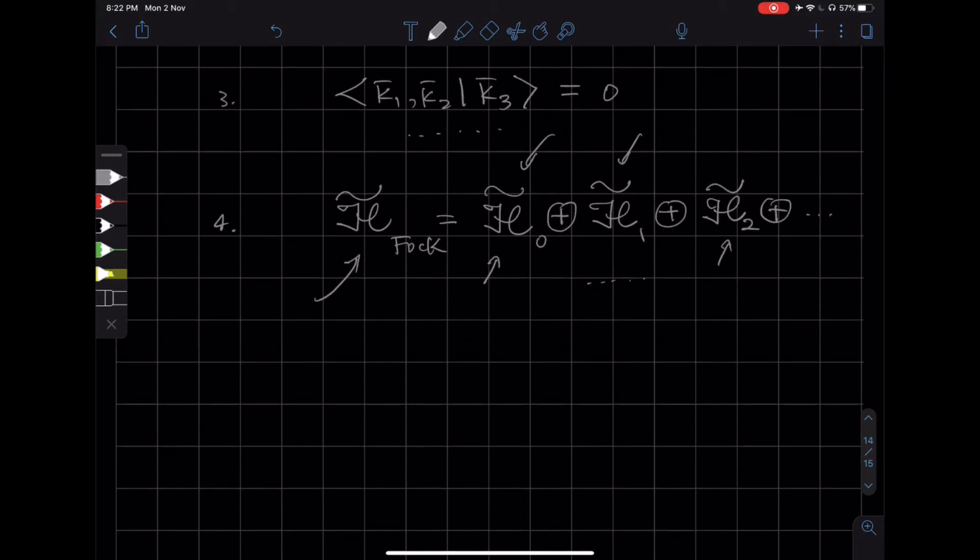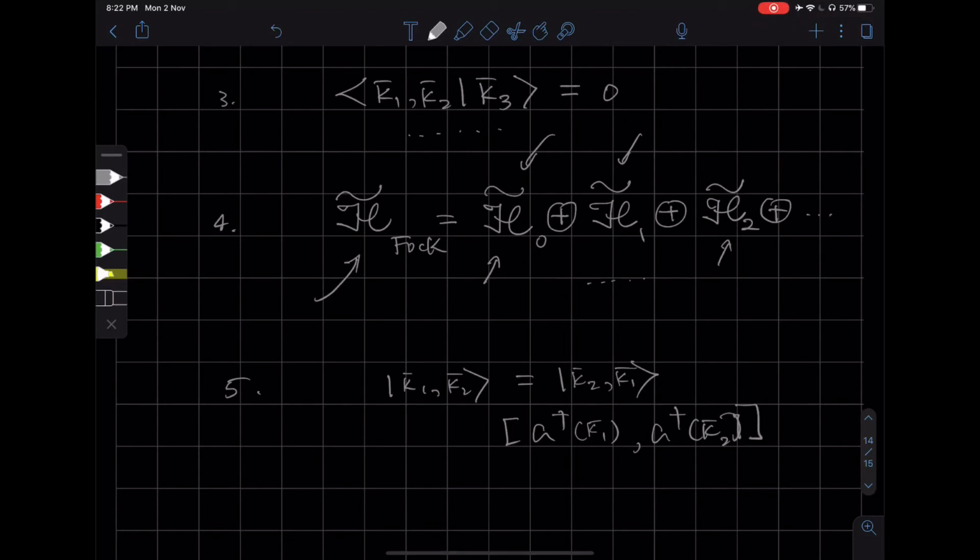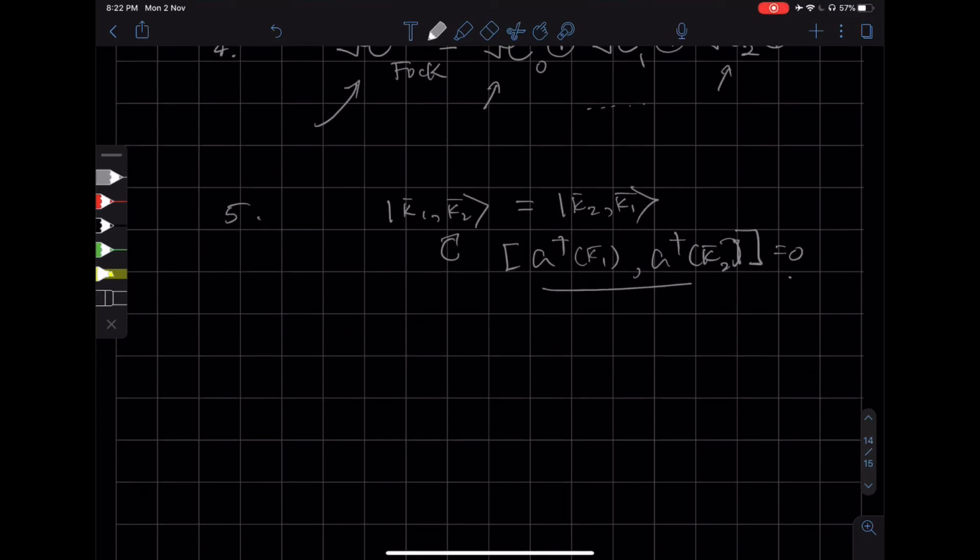Now, for scalar fields, we saw that if I take a two-particle state, say with K1 and K2 momentum, and exchange the two particles, they are symmetric. This is a consequence of the commutation relationship that the commutator of A dagger K1 and A dagger K2 is 0. So this gives rise to Bose statistics.